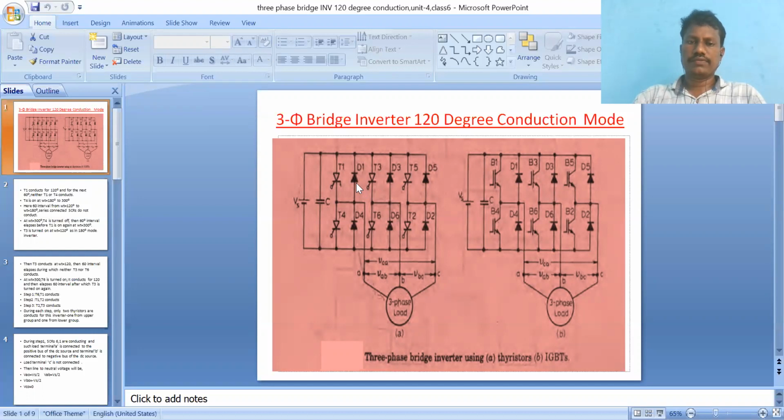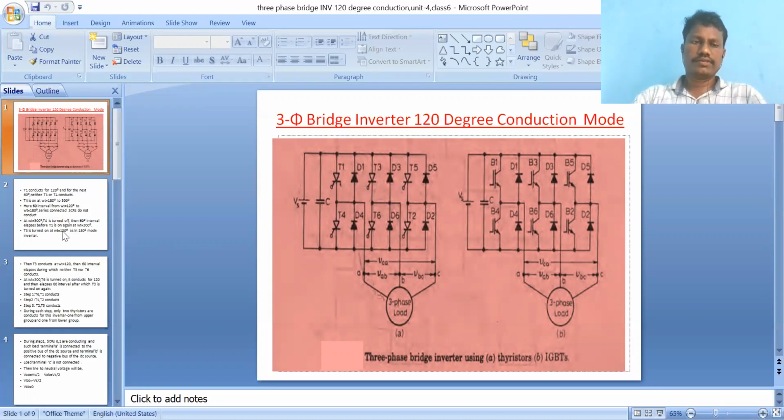So this is the basic concept of 120-degree conduction. In the previous concept, 180 degrees, T1 conducts 180 degrees, T2 conducts 180 degrees, like that. The present topic is 120-degree conduction mode. So T1 conducts 120 degrees, T4 also 120 degrees. Like that the operation will be explained.